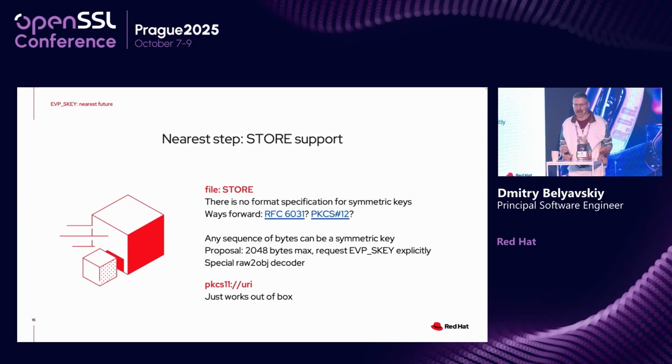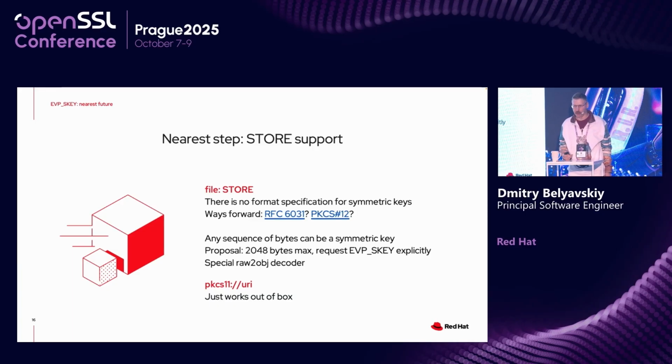Well, the other problem is that basically any sequence of bytes, even if it's parsable as, for example, a normal encoded private key, can be treated as a symmetric key, right? So to deal with it properly, I decided that when you try to read symmetric keys from a file, you should have some reasonable limitation on the length of the key.